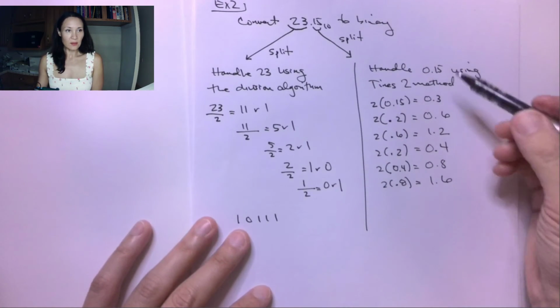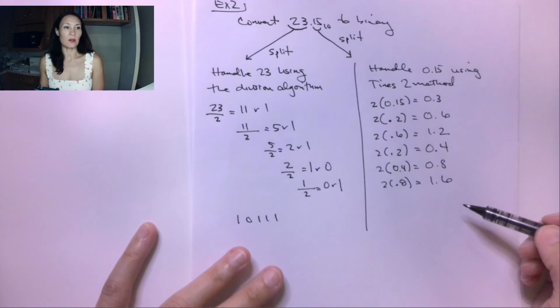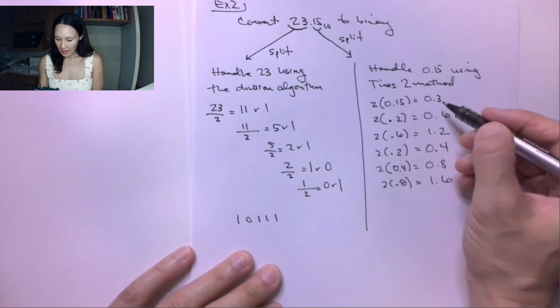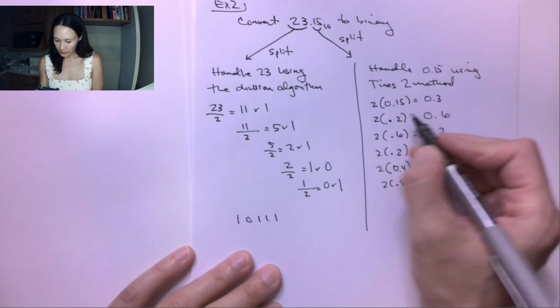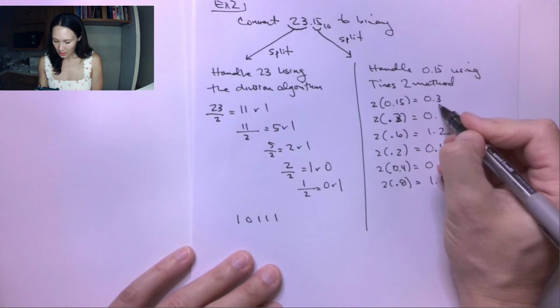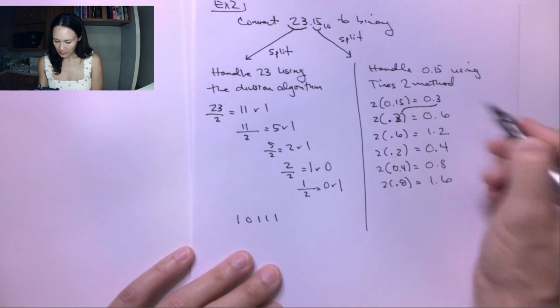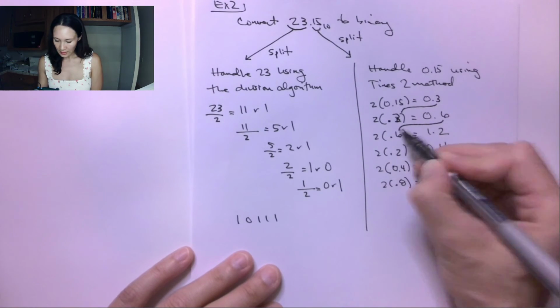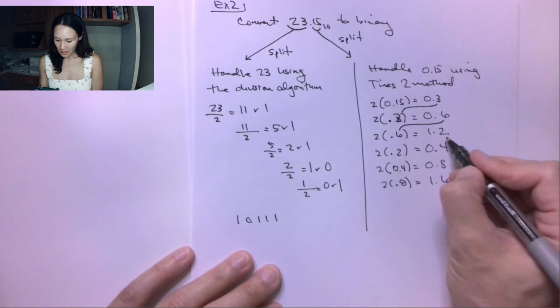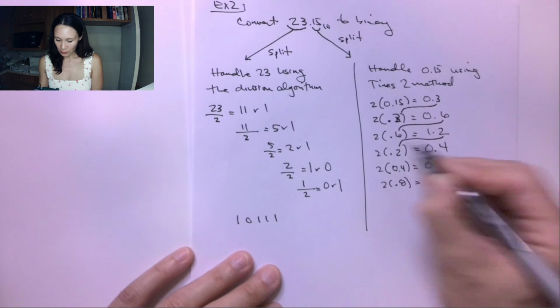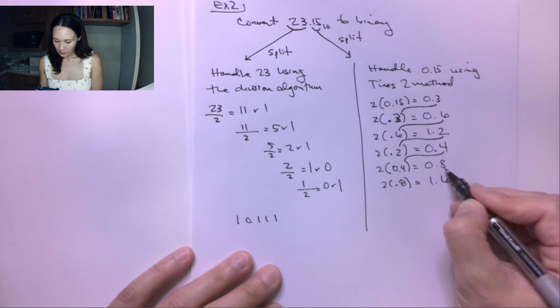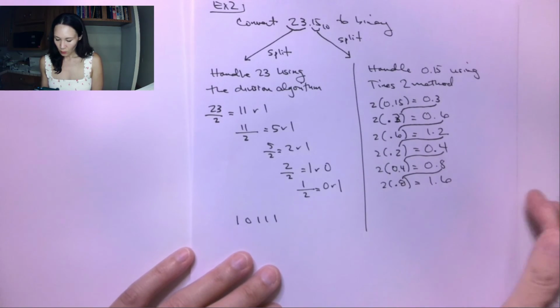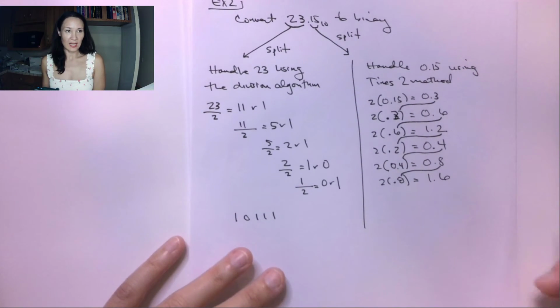As you see, just like in the previous example, every time I had a result, oops, that should be a 3, I took this result, stripped off the whole number, took only what's to the right of the decimal, and multiplied it by 2. This is what I'm doing in each successive multiplication.